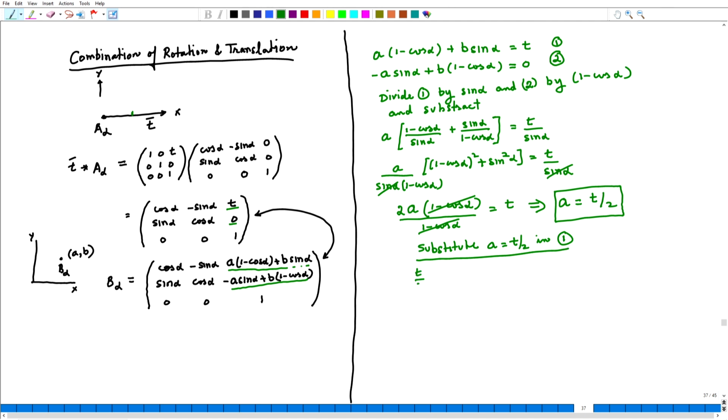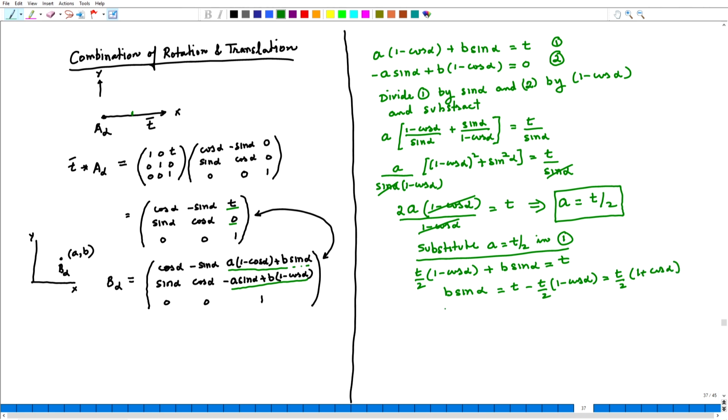in equation 1. So, if I do this, I will get t upon 2 times 1 minus cos alpha plus b sin alpha equals t. If we leave b sin alpha on one side, b sin alpha equals t minus t by 2 times 1 minus cos alpha, and this becomes t by 2 into 1 plus cos alpha.